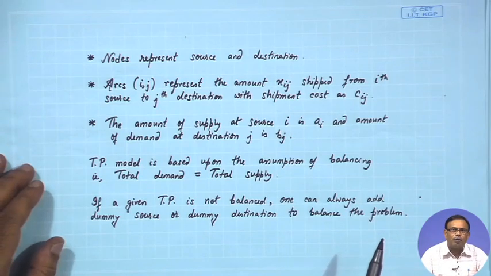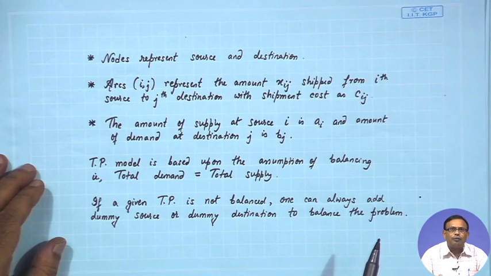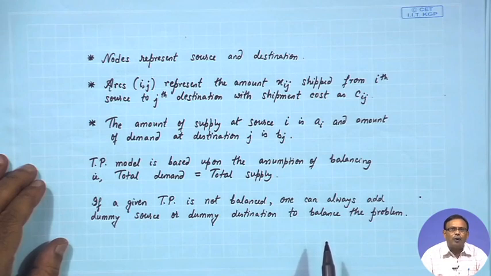Total demand should always equal total supply. If a given transportation problem is not balanced, one can always add a dummy source or dummy destination to balance the problem. Whenever we try to solve a transportation problem, first we check whether the problem is balanced or not.